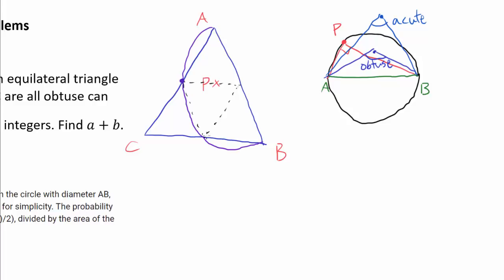And realize that by drawing this medial triangle inside, it was easier for us to sketch the circle, because we know the circle is going to pass through this point and this point, because all four of these lengths are equal.